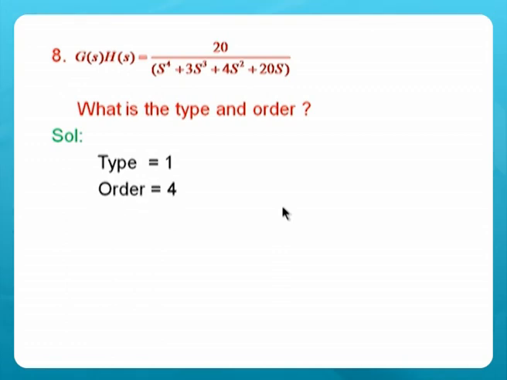It is a type 1 system, meaning there is 1 pole at origin. You can see here the last one is not a constant. So you can take s out from this denominator. That indicates there is 1 pole at origin. Then the rest of the function becomes s cube plus 3s square plus 4s plus 20. So the type is 1 because there is 1 pole at origin, and number of poles of the function are 4 only, so the order is 4.